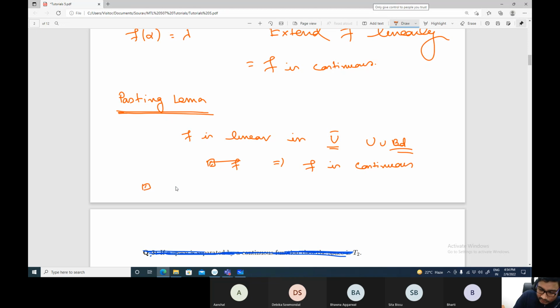On the other hand, f(x) is equal to 1 in the complement of U, meaning for x belongs to M minus U. Sorry, this is 1. So f is also continuous outside.